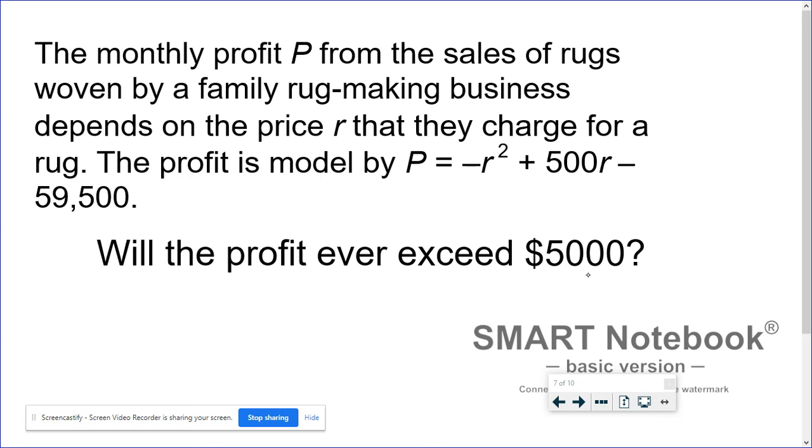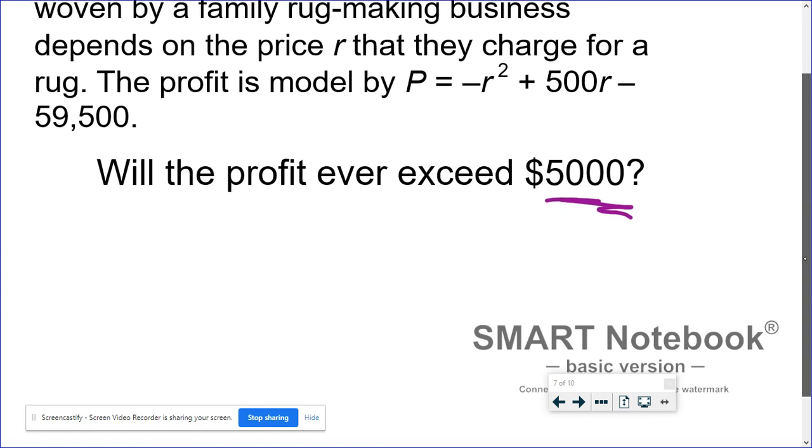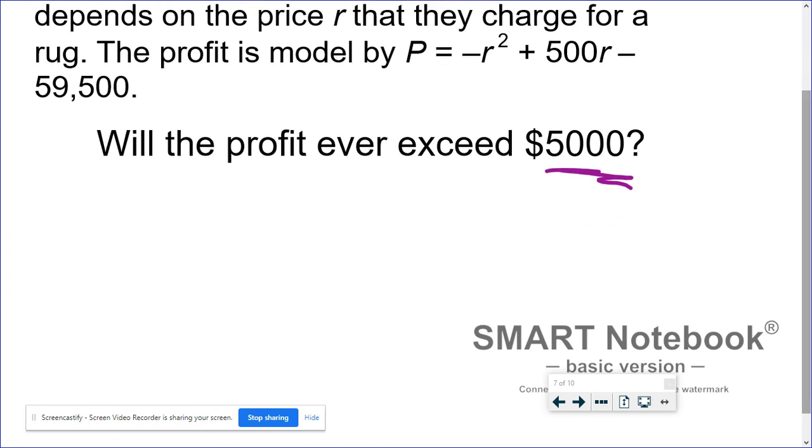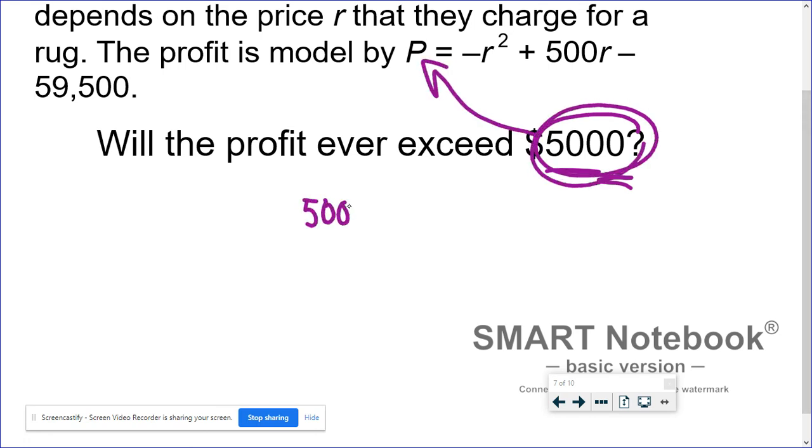The question here is, will a profit ever exceed $5,000? You can answer this question by finding the discriminant. So it's just a yes or no answer. What you're going to do is substitute that 5,000 in for P. What we're going to do is evaluate the discriminant to determine if this is possible or not.